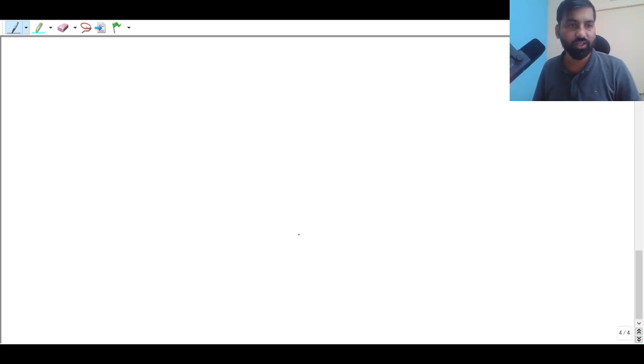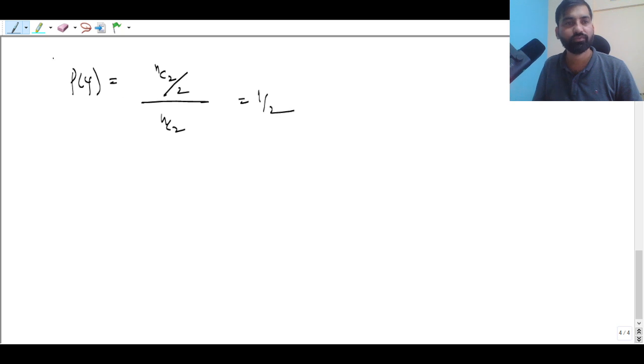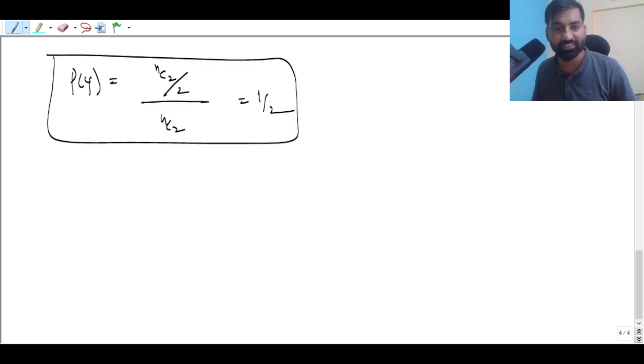Similarly, the probability of y will also be nC2 by 2 by nC2, which is 1 by 2, because there are n positions and you have to place 3 and 4, and ensure that the favorable outcome is that 3 must come before 4.